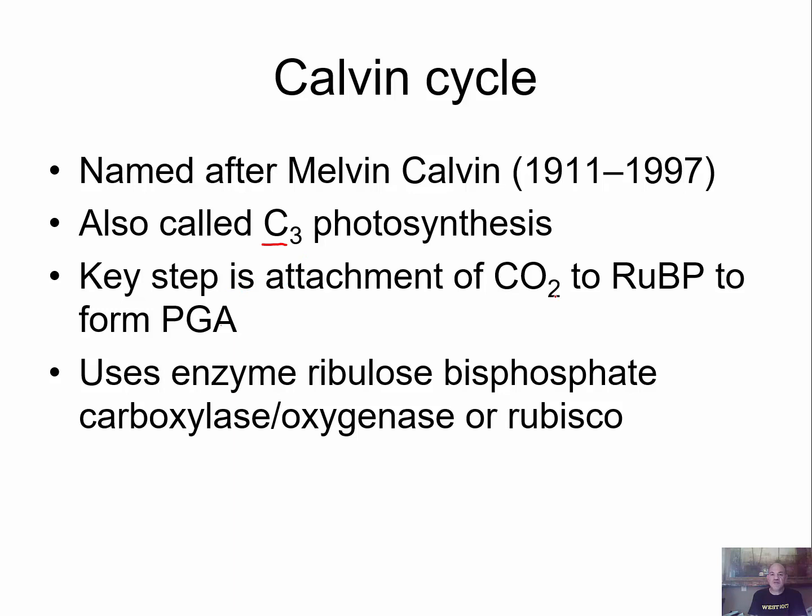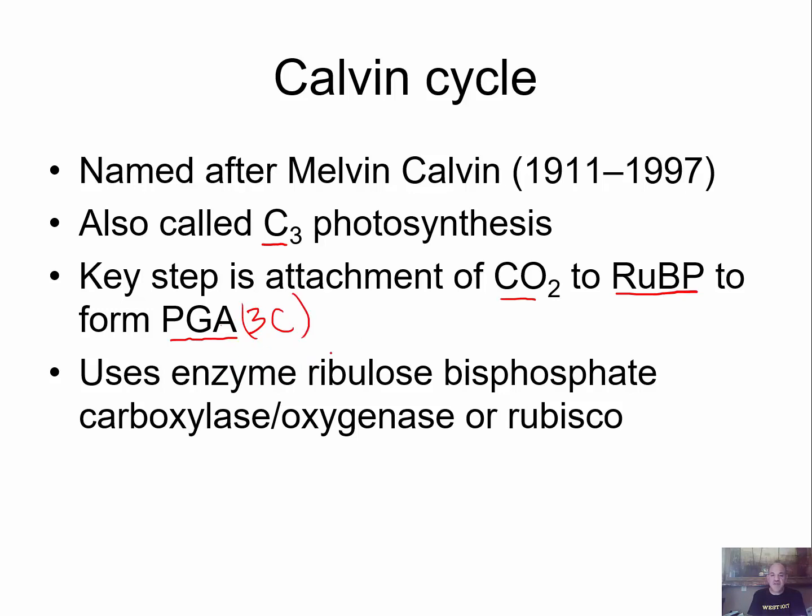The key step here is to fix or attach carbon dioxide to a compound called ribulose bisphosphate, that's the abbreviation for it. Ultimately, when it attaches, it is going to form phosphoglycerate, which is a 3-carbon compound. So this is made up of 3 carbons. That's PGA.